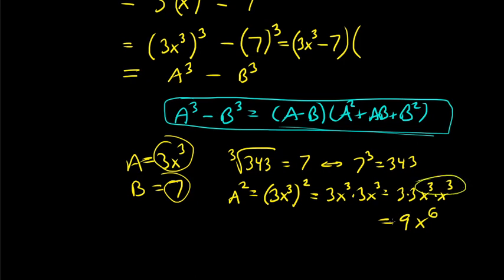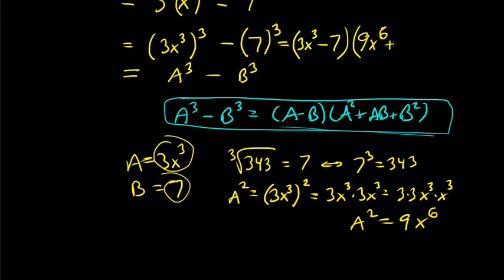I hope you didn't do x to the 9. Remember, you add the exponents. 3 plus 3 is 6. So a squared is really 9x to the 6, not 9x to the 9.